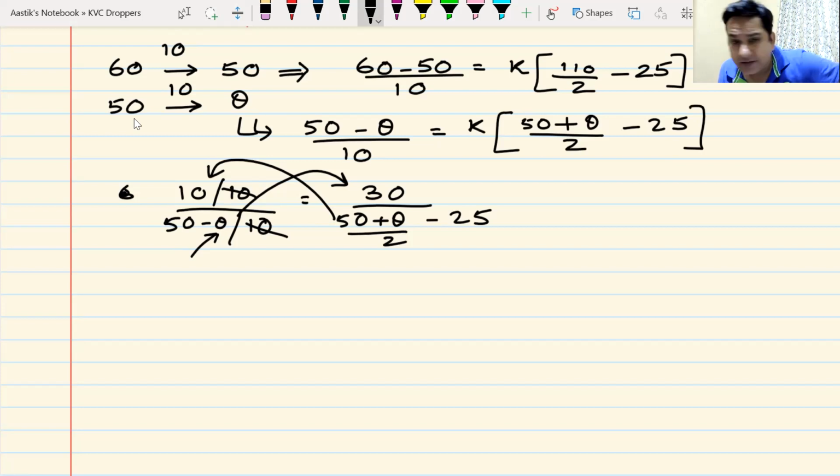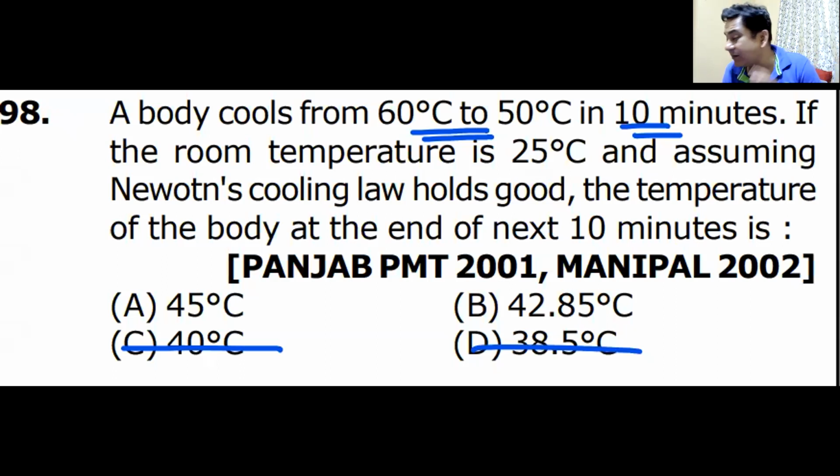In the next 10 minutes, it will be slightly less than the 10 degrees Celsius that we have seen. So you can look for the nearest option, which I suppose is option number B, because looking at the equation also, you will not get 45 degrees as your answer.